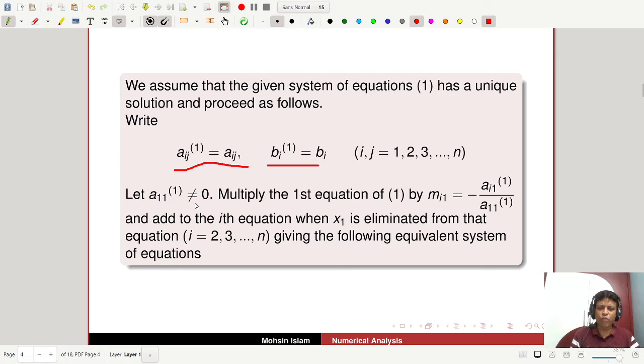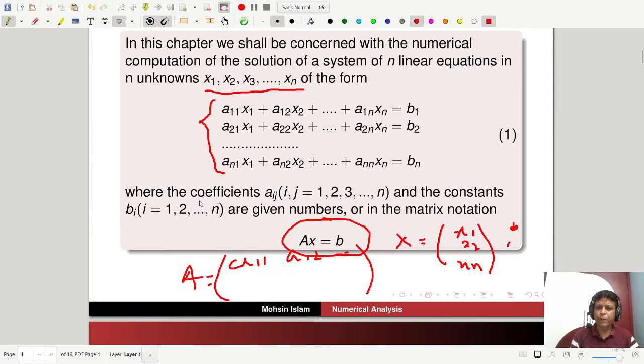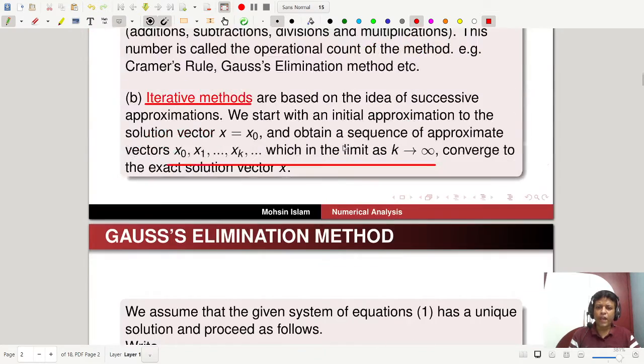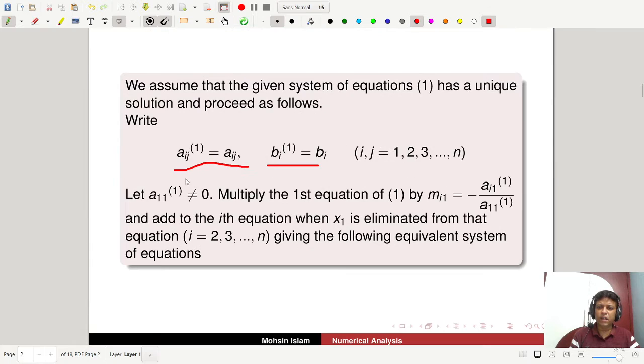Let a11 be the coefficient of the first equation, the first element. If you take the principal diagonal, this is your a11. Let us suppose that a11 is not equal to 0.